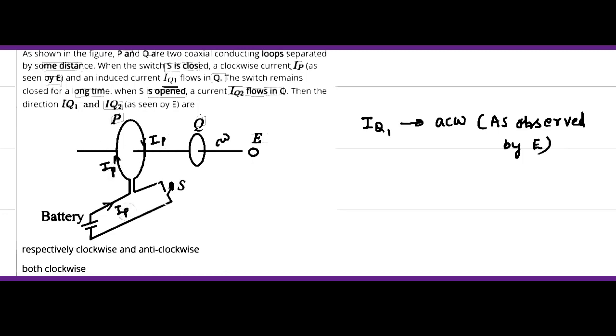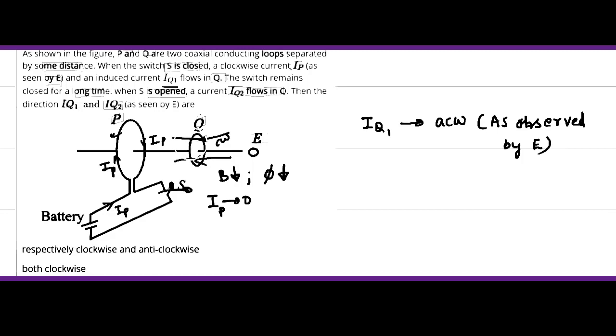Now the switch is opened. The magnetic field, which was earlier from right to left in coil Q due to the current in coil P, starts to decrease as the current in P reaches 0 after the switch is opened. So the flux across Q will also decrease, and the current will flow in such a way that it tries to oppose the change in flux.